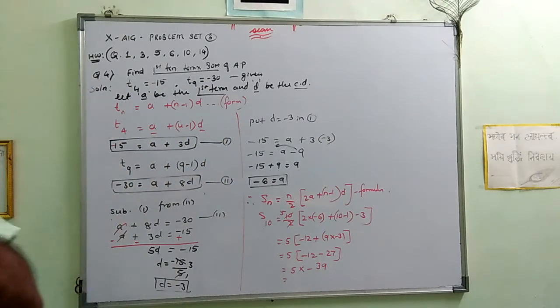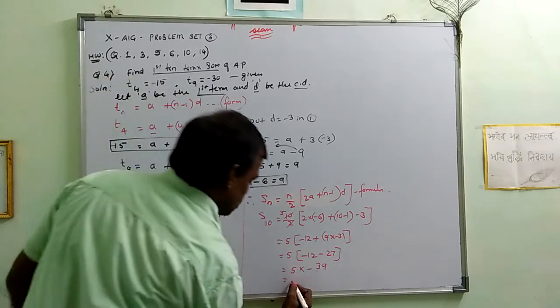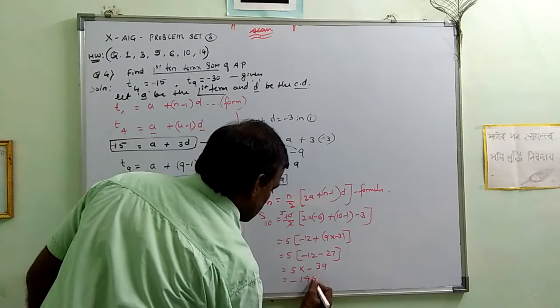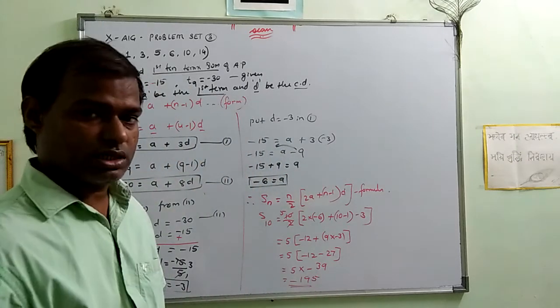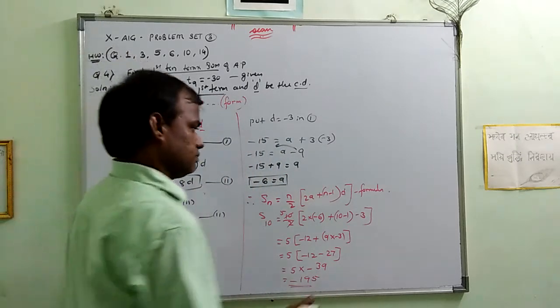Okay. That gives minus 195. So this will be the first 10 terms sum.